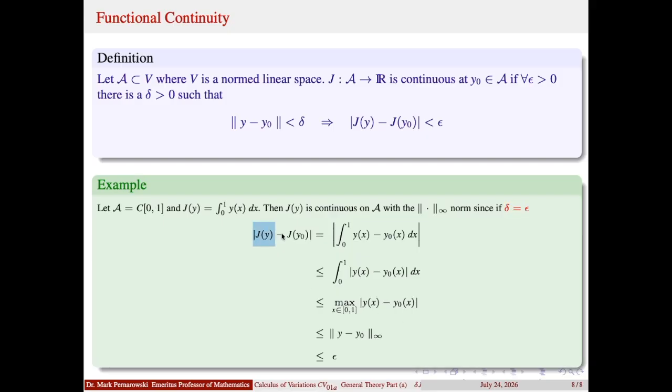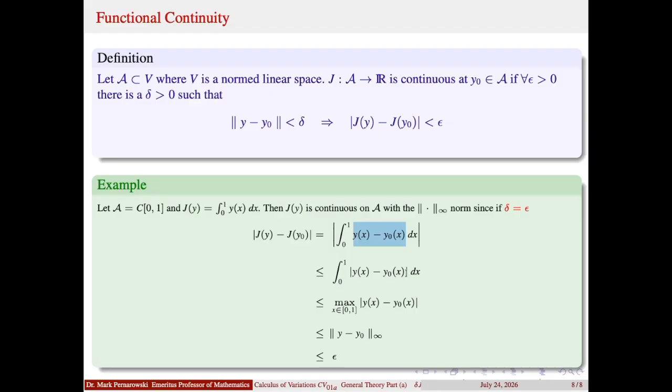You start with this quantity, you write it out explicitly, and you get this formula: the integral of the difference of the functions. There's a theorem that says that the absolute value of the integral is less than or equal to the integral of the absolute value. By taking absolute value under the integral, you can only make the integral bigger. So this quantity is less than or equal to the integral of the absolute value of these functions.